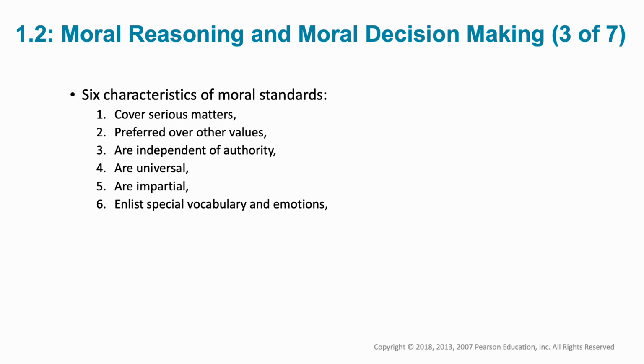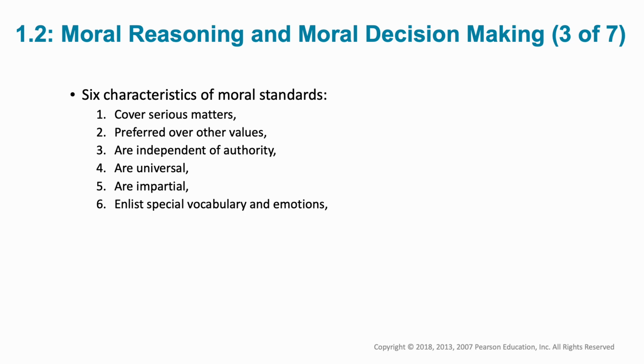They are impartial, which means that you don't know how it's going to impact you. All you know is a moral standard is a standard that is not biased by someone's interests or point of view or perspectives. It's simply an impartial, objective standard of what is right or wrong.